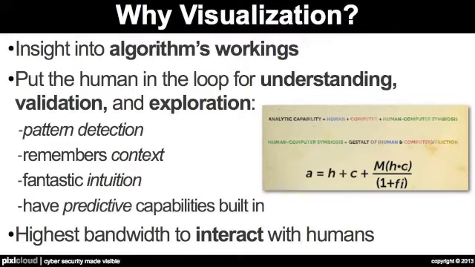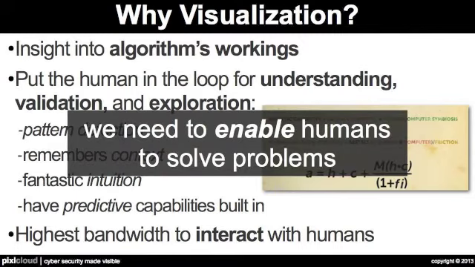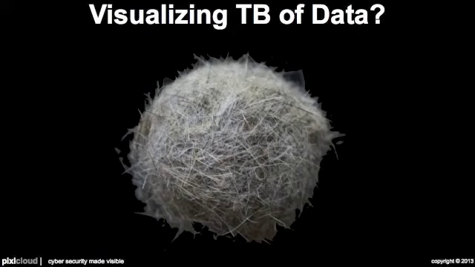Because humans have incredible pattern detection capability. We remember context, like, oh, Saturday afternoon there was a maintenance window, that's why the server was down. We have incredible intuition, and we have predictive capabilities built in for free. So I'm trying to build systems that enable humans to solve problems, not solve the problems completely.